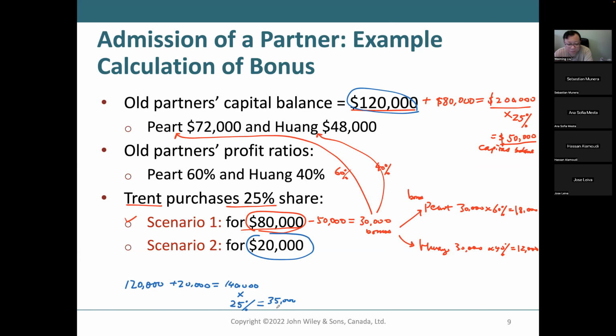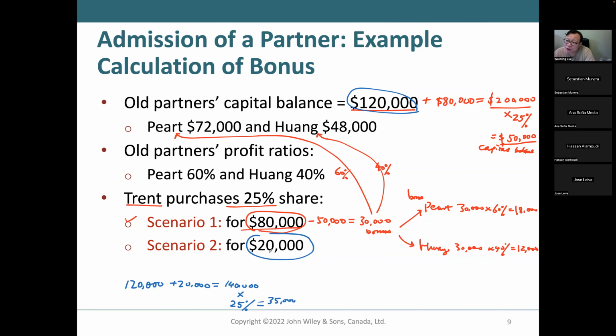So basically, Trent has a capital account balance of 35,000. Now we know that Trent only paid 20,000.